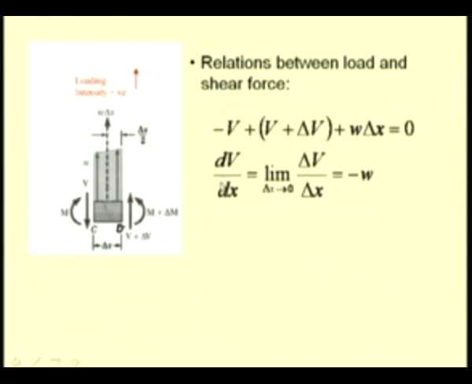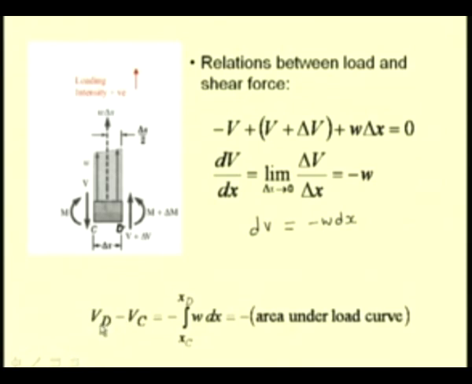So if we integrate this quantity, we get the shear force for any particular section between C and D. So if we integrate this value from C to D, we get the difference in the shear force between the section D and C as the negative of the area under the load curve, because this value, that is integral W dx between C and D, is nothing but the area under the load curve.